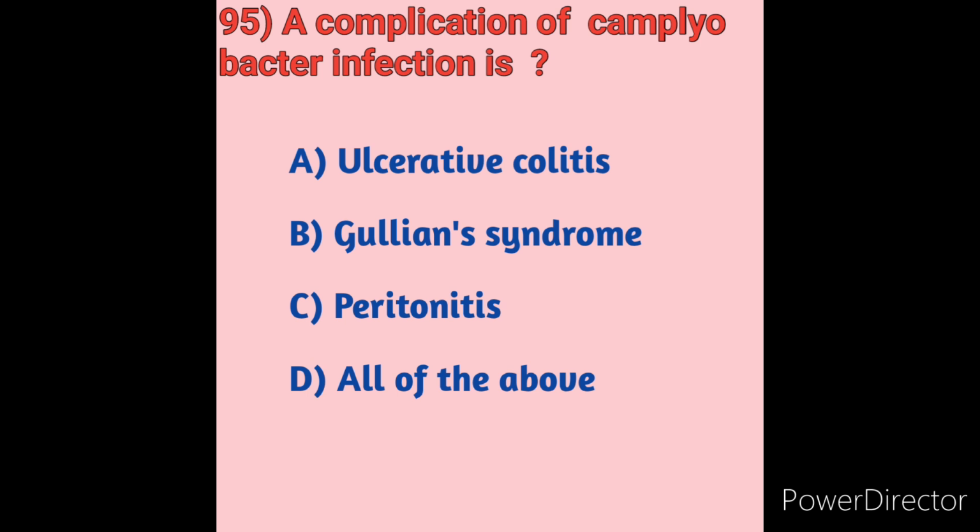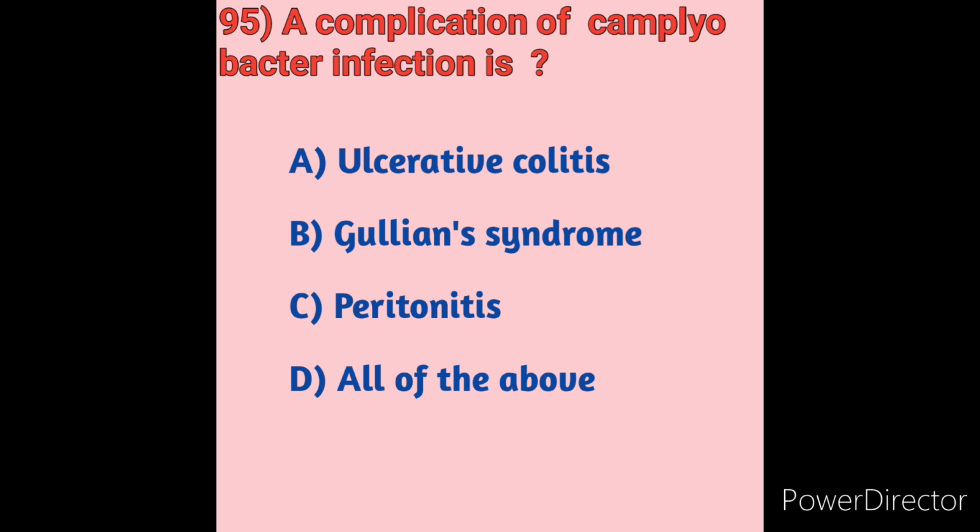Campylobacter occasionally spreads to the bloodstream and causes a life-threatening infection. The infection with Campylobacter jejuni, which causes diarrhea, is one of the most common causes of GBS, meaning Guillain-Barré syndrome.